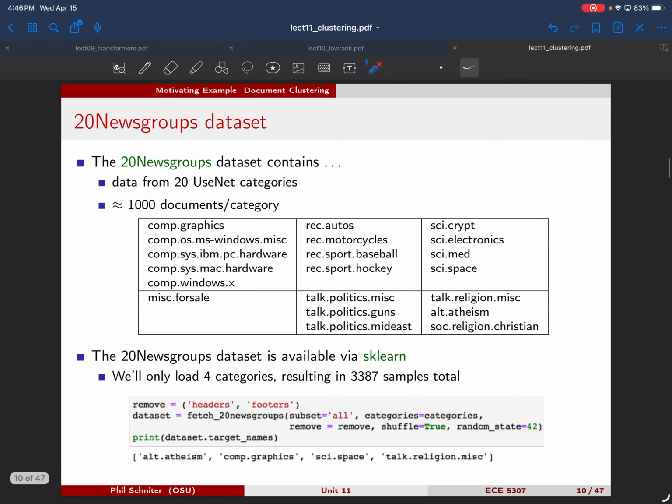So for our demo, we're going to load 4 categories, which is going to give us 3,300 samples. And these are the categories we're going to use. So there's alt atheism, comp graphics, sci space, and talk religion misc.